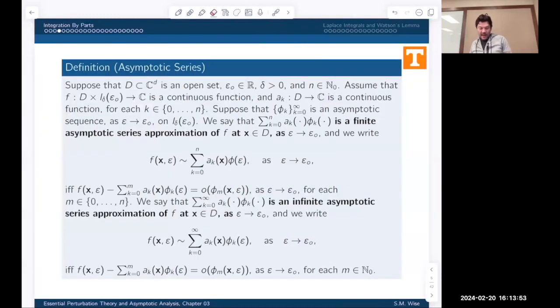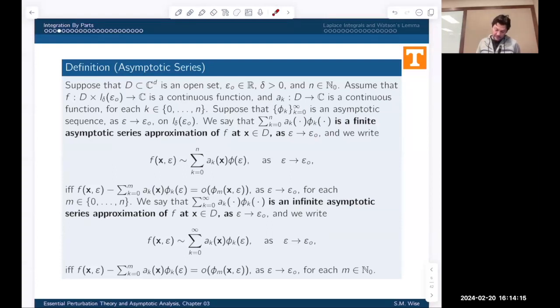And we say that F has an asymptotic series approximation. In other words, let's start out with the finite case first. This finite series is an asymptotic approximation of F as epsilon goes to epsilon naught. Here we're going to be using lambda goes to infinity.